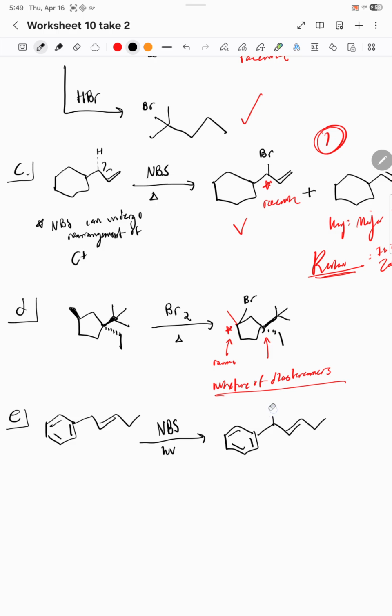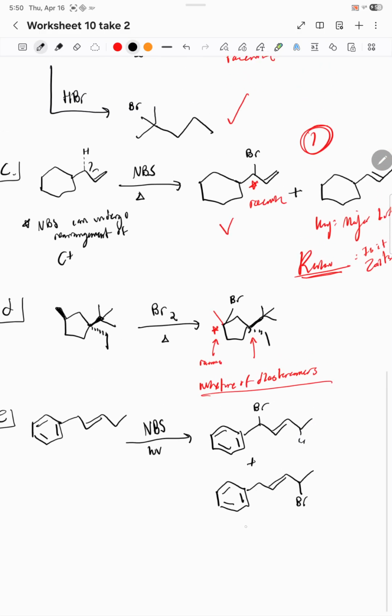We will just attach the bromide here, but there's also the alternative. If we do the alternative, we could get allylic bromination here. Don't forget, we can do rearrangement. If we have hydrogen here, we can recombine, and then I think we would be able to get Br like this.